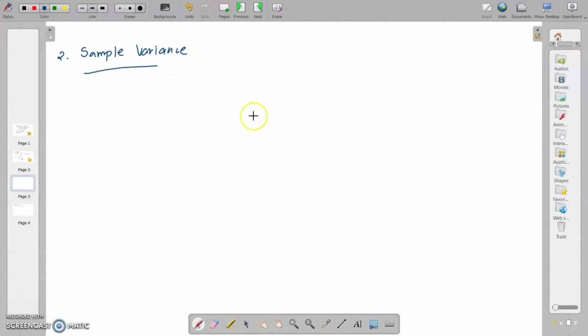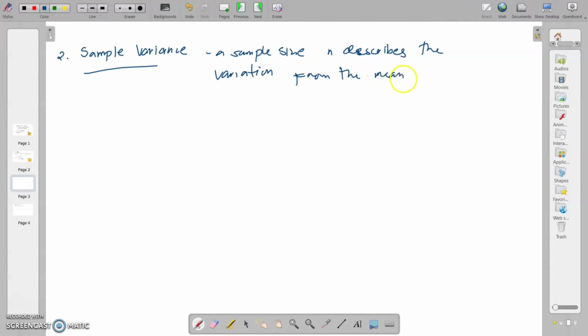In sample variance, a sample of size n describes the variation from the mean observation.